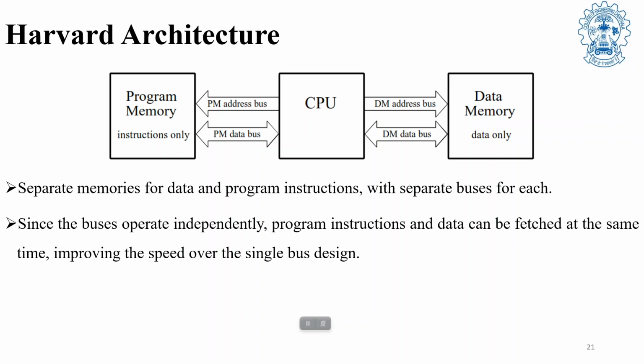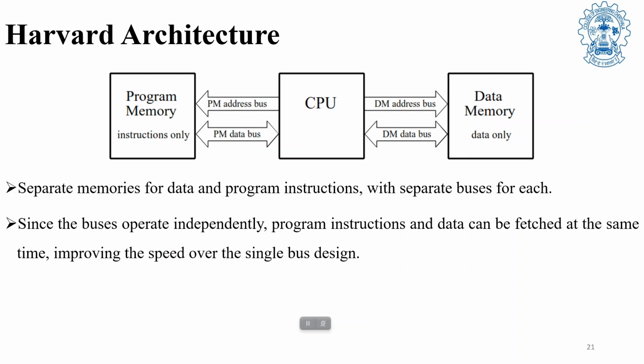One of the disadvantages of the Harvard architecture is that the data memory bus is busier than the program memory bus. For example, we are multiplying two numbers. So the two binary values must be passed over the data memory bus, while only one binary value is passed over the program memory bus.